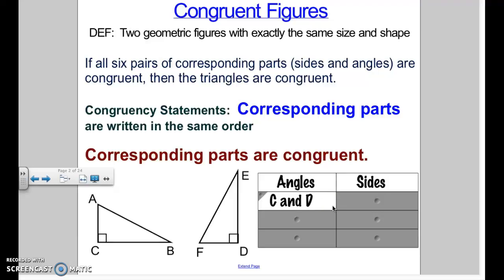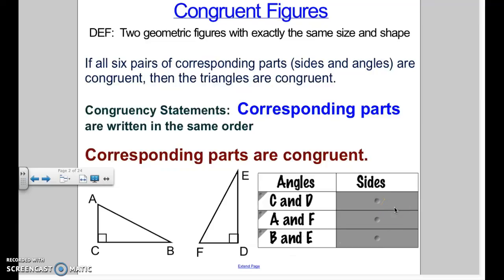The other two are a little harder to look at, but you can use the sides to pick out which angle should match. If you notice, F to D is a lot shorter than D to E. So if I find that shorter side over here, it should show me which angles match up as well. I already have C and D together, so A is going to match with F, and B will go with E.